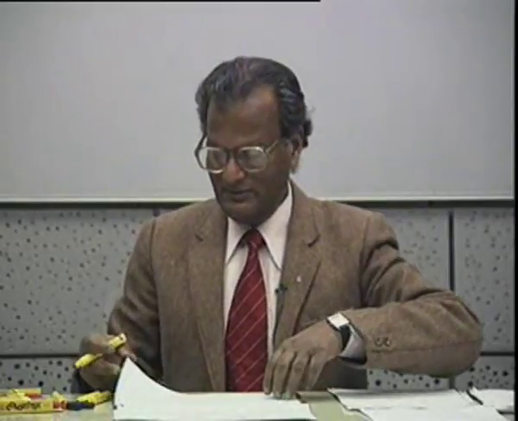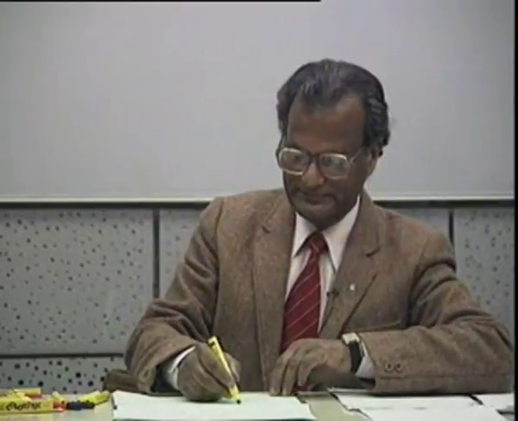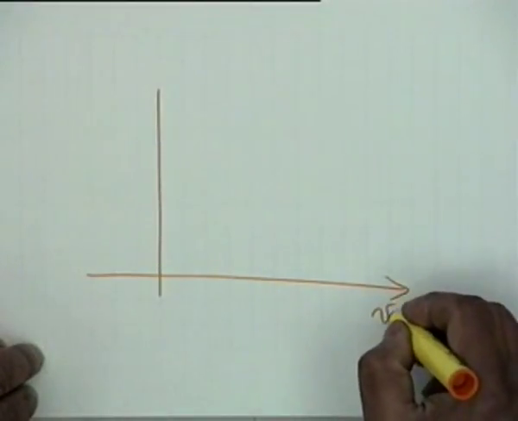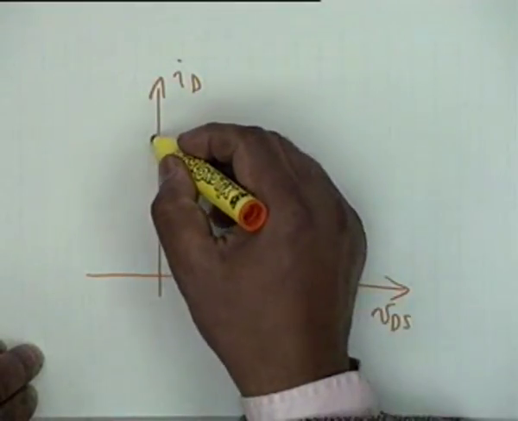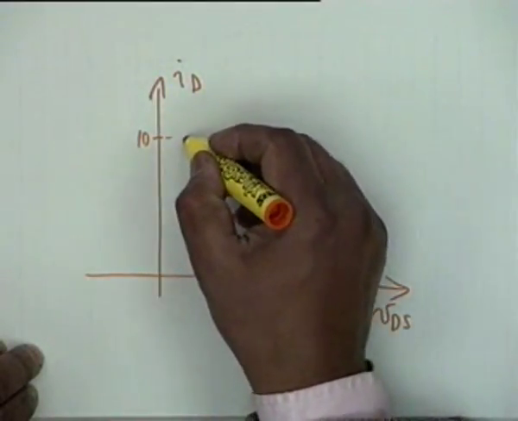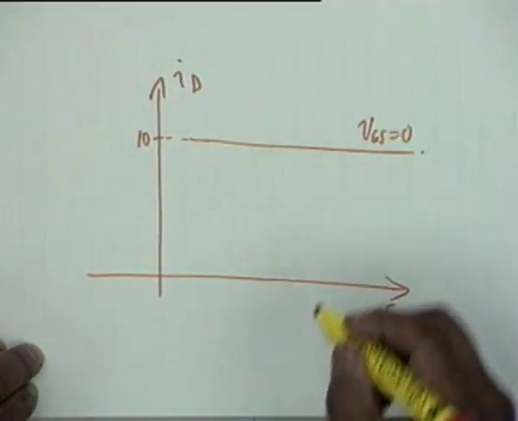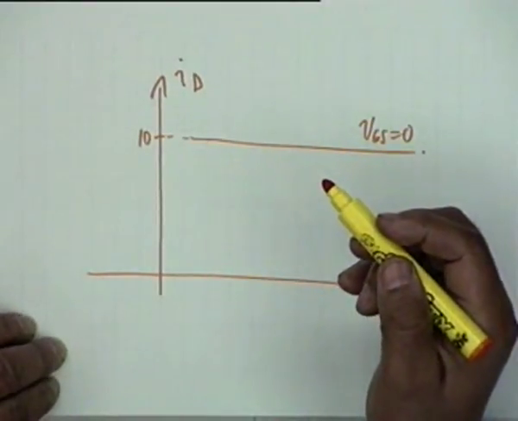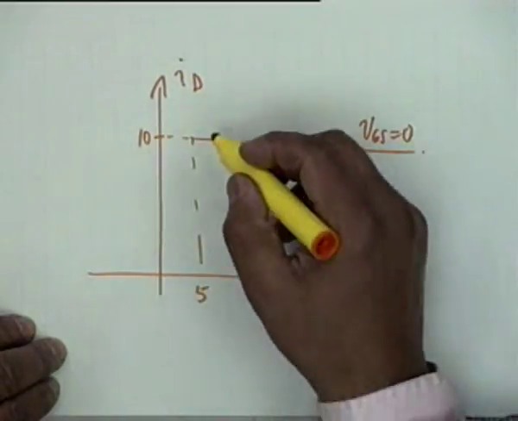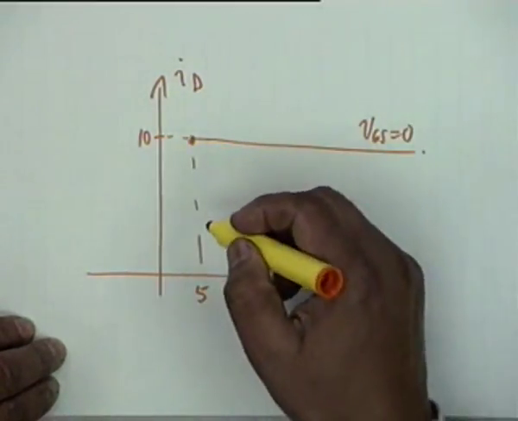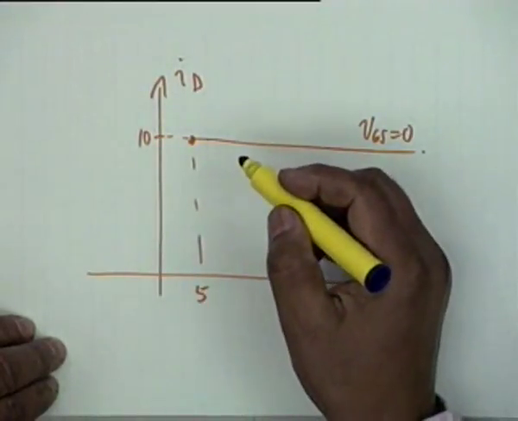Okay. So then we can draw a set of characteristics. This is 10 milliampere, so this is VGS equal to 0 volt, and the saturation would now be at plus 5. For the others we can find out the saturation point.